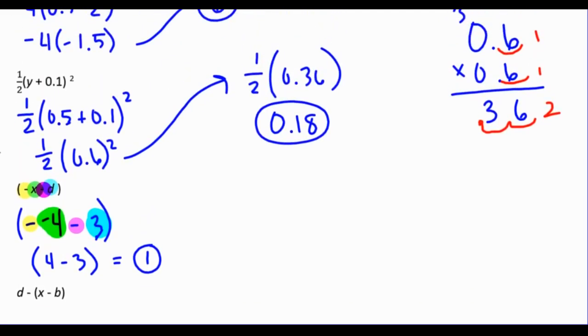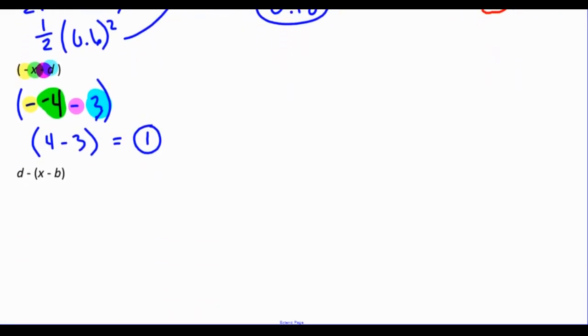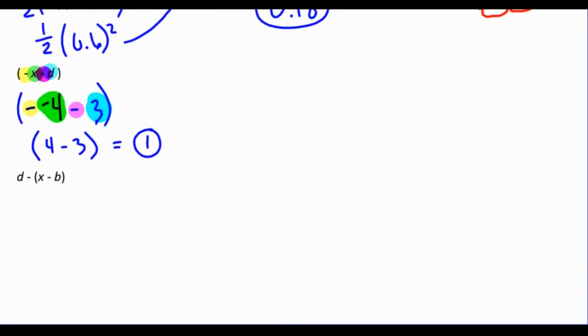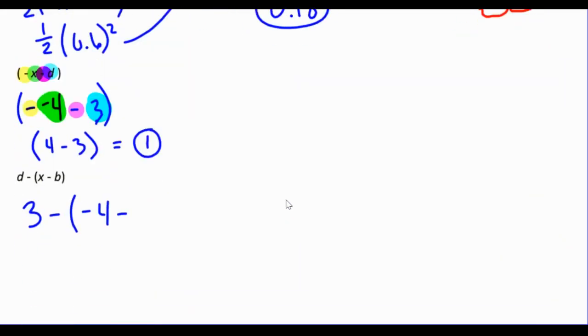One more question on this page. So I have d minus (x minus b). So d I know is 3, so I'm just going to record that. 3 minus, my x value is -4, minus, now b, I don't know if we've used b yet. b is -6.